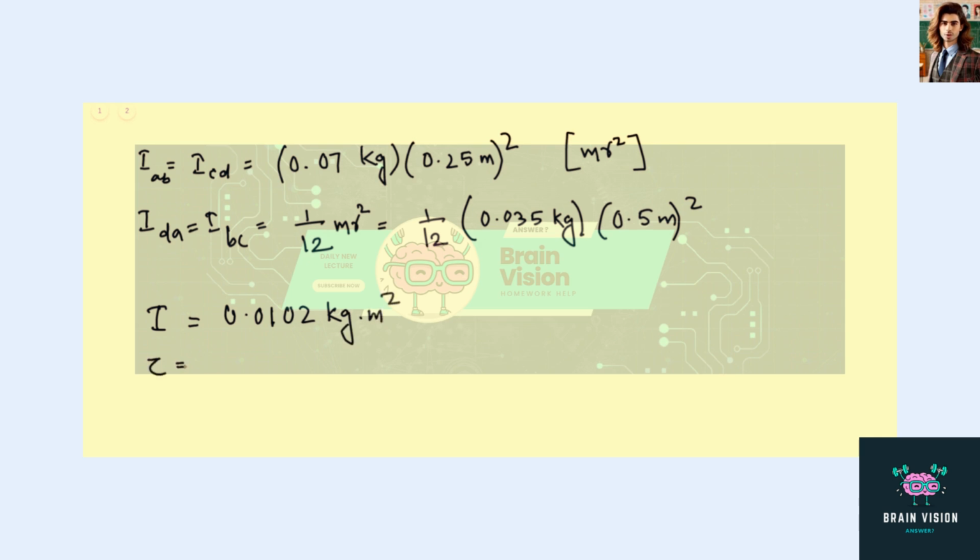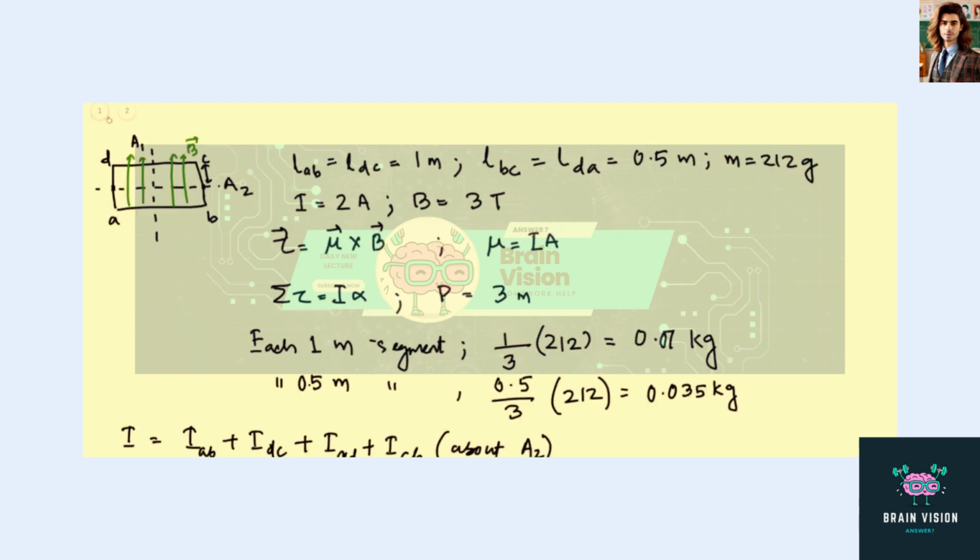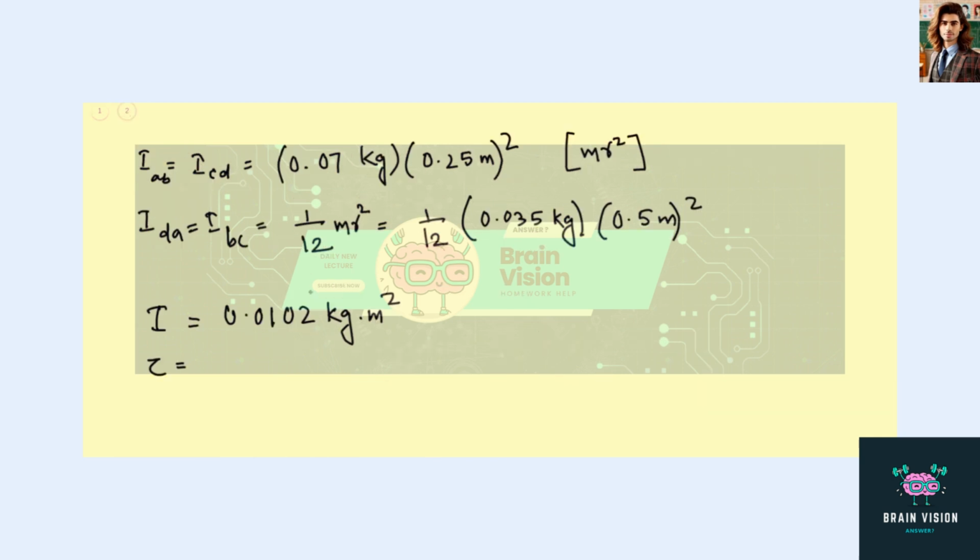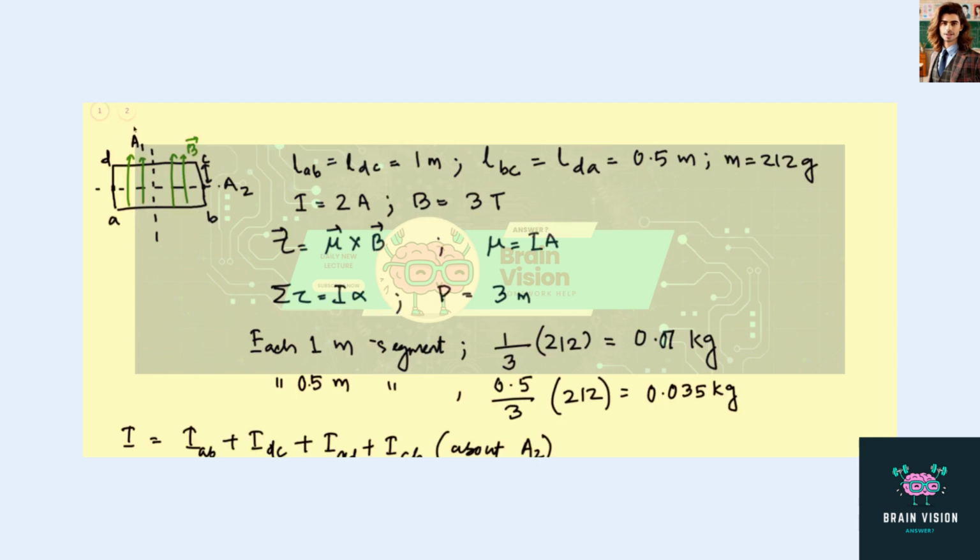Now we can find the torque. Let's use the equation directly from here. It's I A B times sine phi, which comes from the cross product.